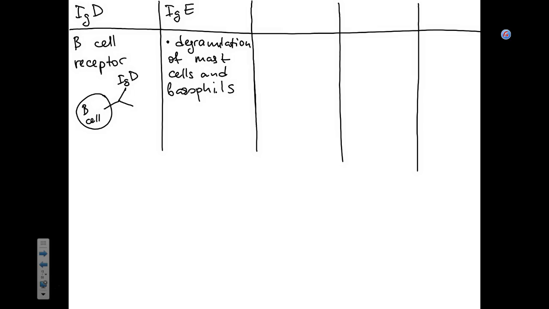You're right, it's an inflammatory reaction. They release histamine, which is why you take antihistamine drugs. Allergy. So it's pretty much the antibody that mediates allergy. You have to know that.